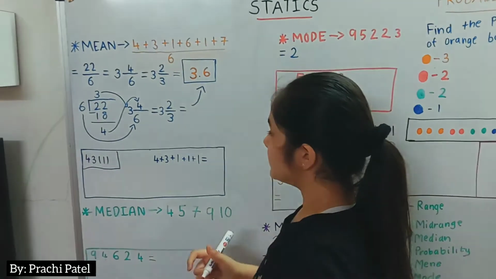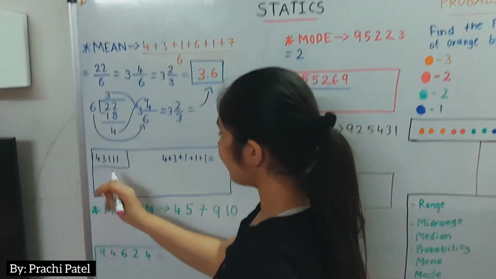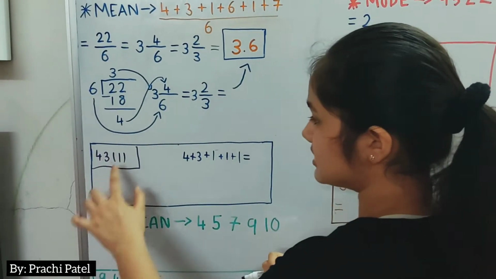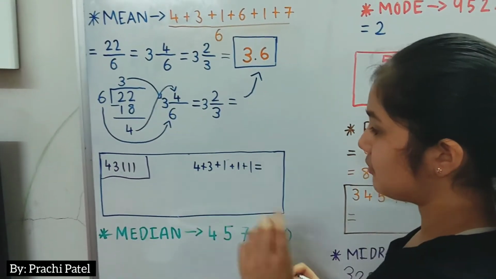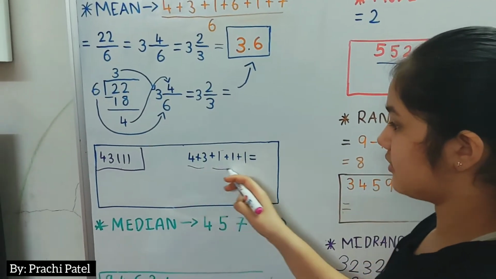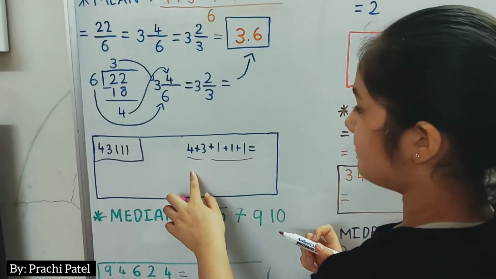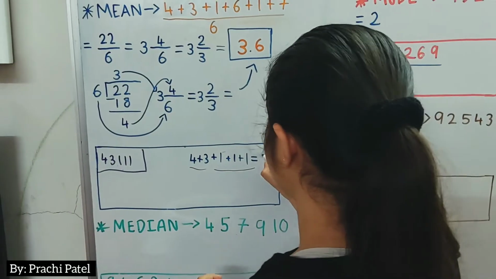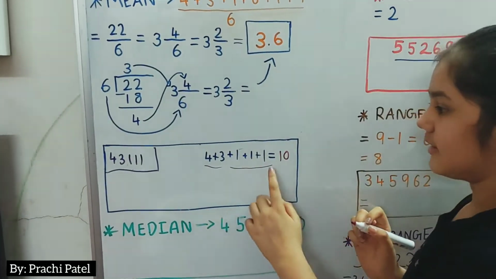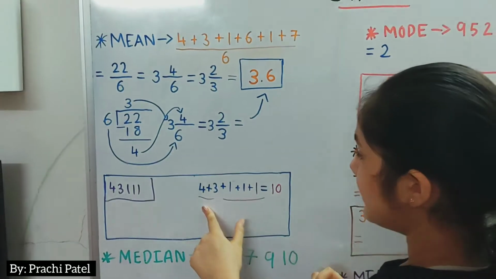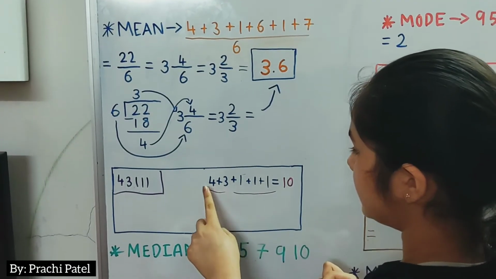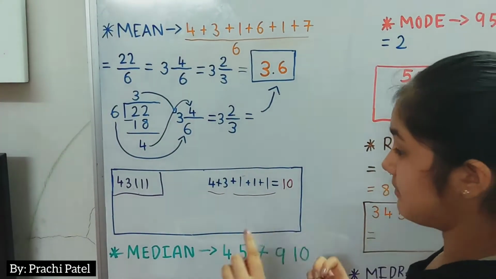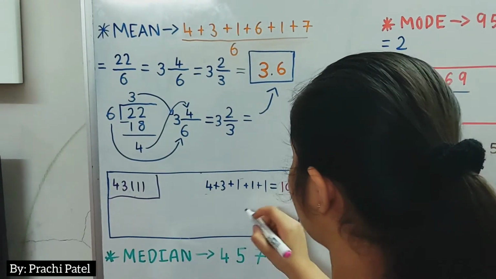Now over here we have 4 3 1 1 1. First we need to add, which I already showed. 4 5 6 7 8 9 10, so we have our total 10. Now the quantity is 1 2 3 4 5, so there are 5 numbers over here, and we will divide by 5.